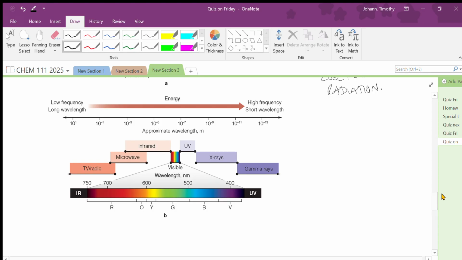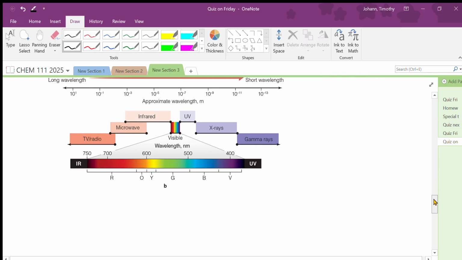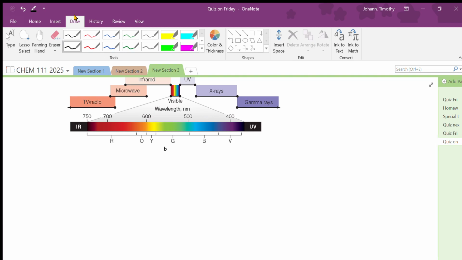Okay. So if we think about light as a particle, we can think about light having a packet of energy. If we think about it as a wave, it doesn't really have a fixed amount of energy. Energy is kind of in the amplitude. But if I think about a wave and I'm shining it on things, it doesn't really have a beginning and an end, right?